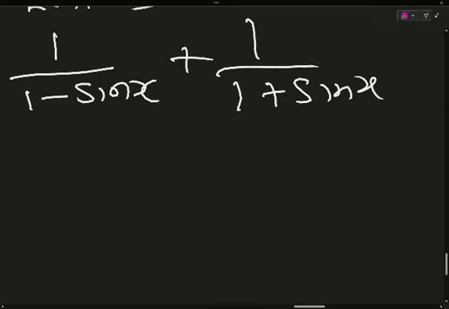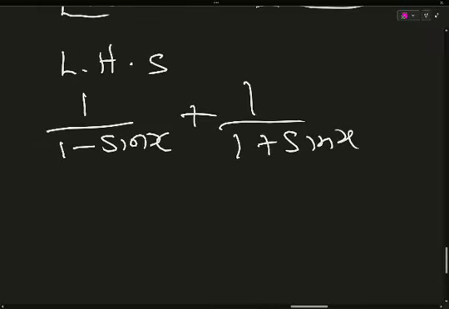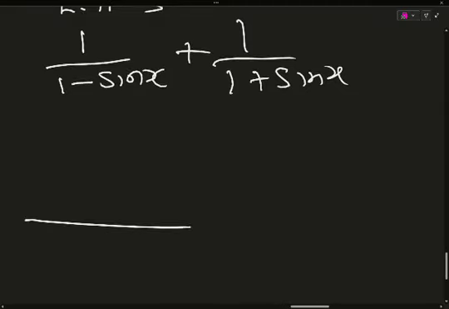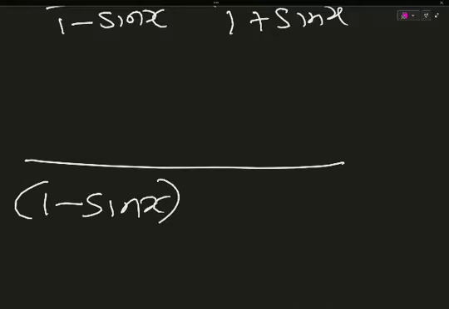So let's start. What are we going to start with? We have two different denominators, so we are simply going to say over 1 minus sine x close brackets, 1 plus sine x.